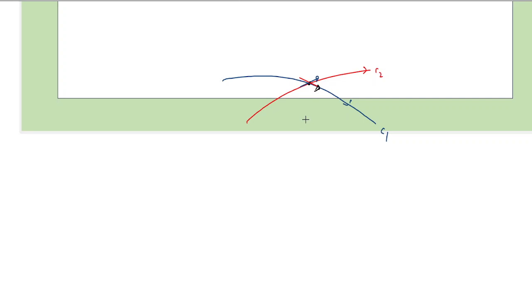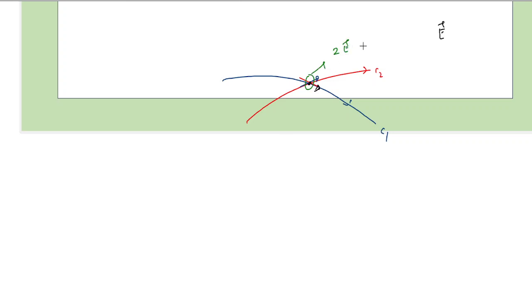Now recall the previous slide discussion where we learnt that the direction of the tangent gives the electric field at that point. Since in this case we have two tangents, this implies that at this point we have two electric fields.